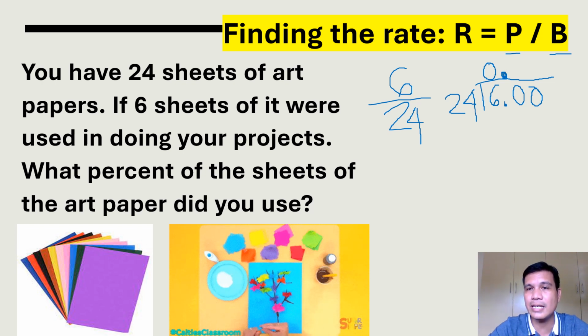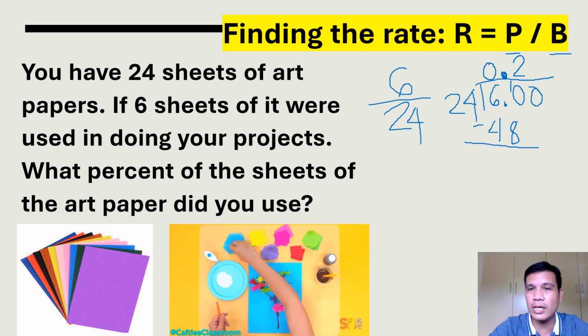Okay, then use 60 now. 60 divided by 24. What is the answer? Okay, that is 2. 2 times 24. Okay, that is 48. And 60 minus 48, 0 minus 8 cannot be. Regroup tayo. This will become 10 and this will become 5.